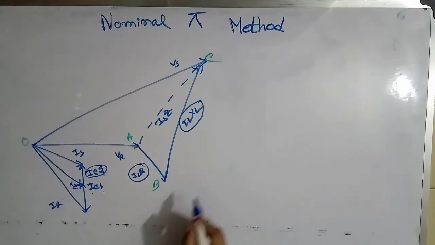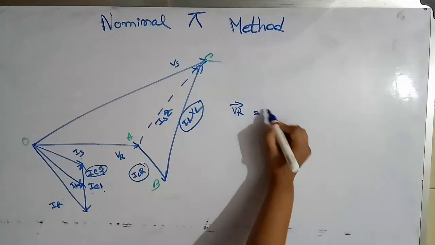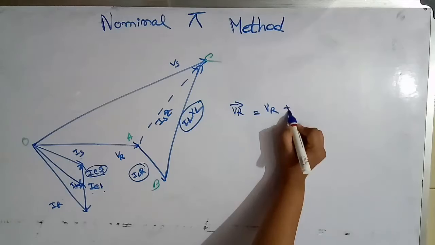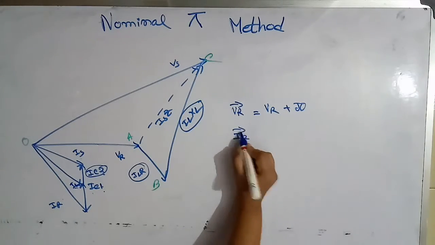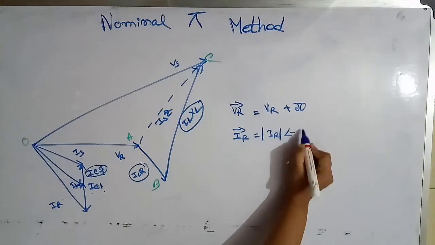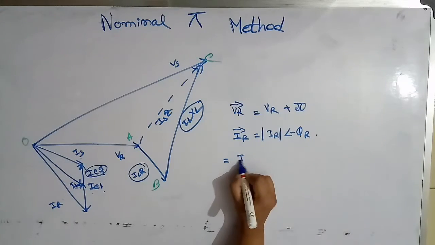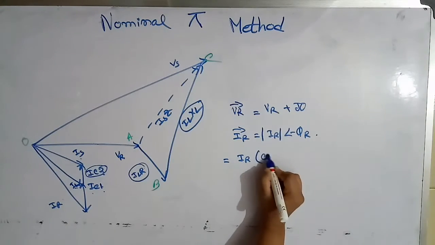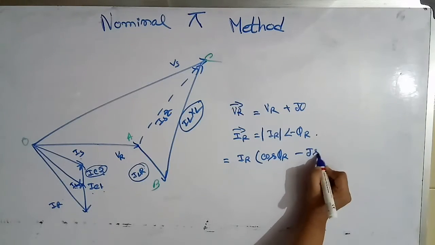So in this case VR is equal to VR plus j0, and IR is equal to IR at angle minus phi r. Now IR can be written as IR into cos phi r minus j sin phi r.